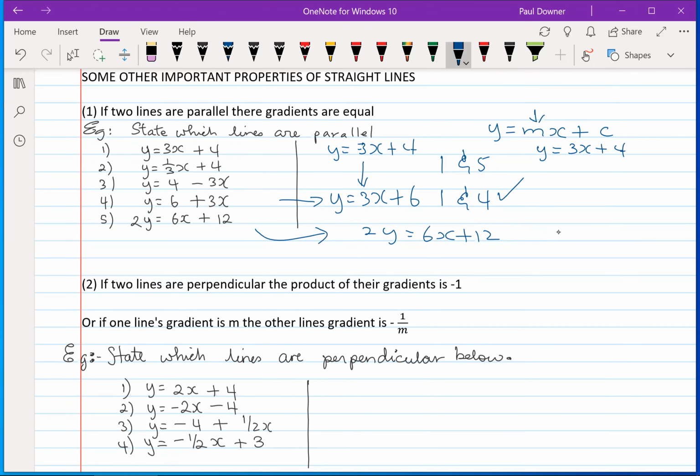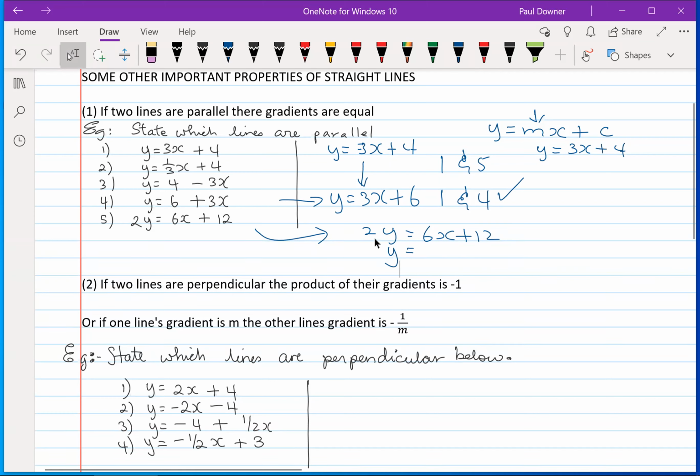But for those who are not clear on that, if you look on the left-hand side here, this is not y, this is 2y. So you would have to get rid of this 2 to put it in the form we need, which means I have to divide by 2. If I divide this by 2, 2 into 2y gives y. But whatever I do on the left, I have to also do on the right to keep the equation balanced, to keep the equation valid.